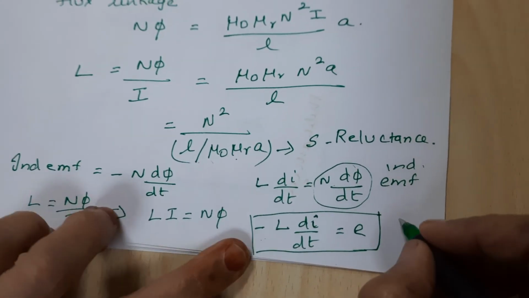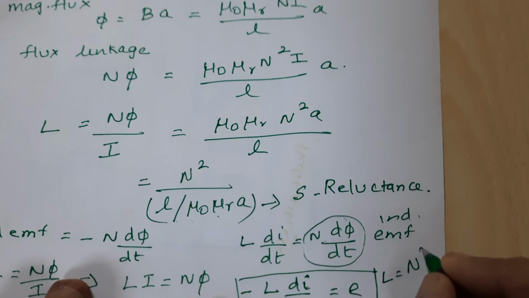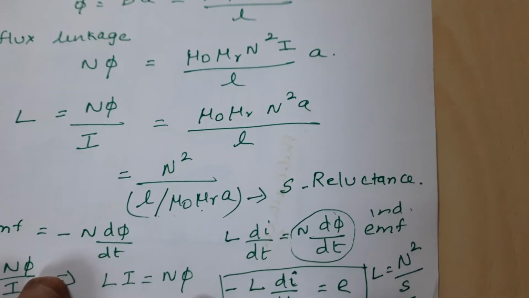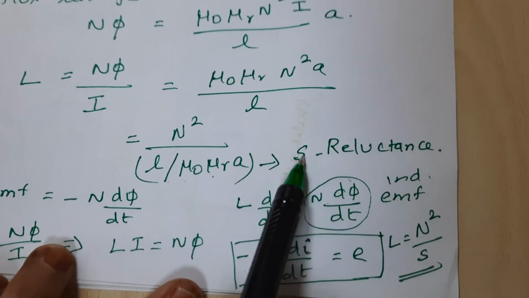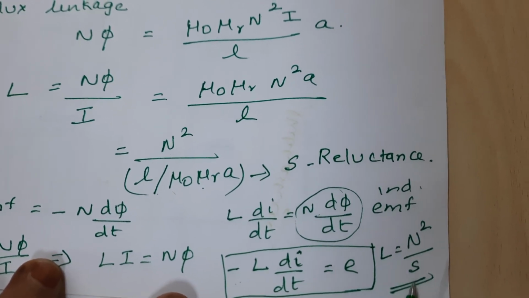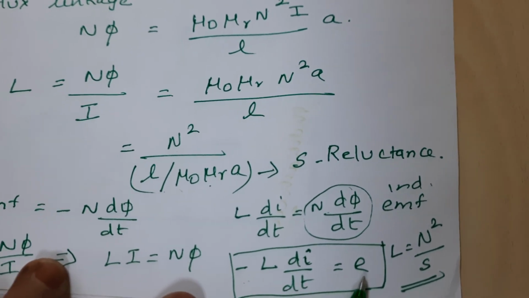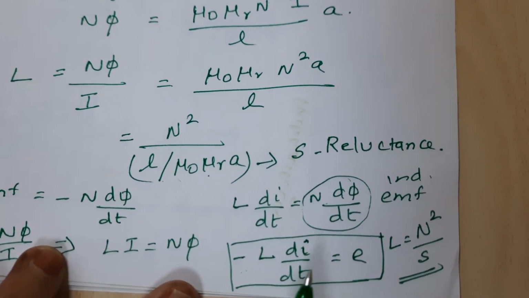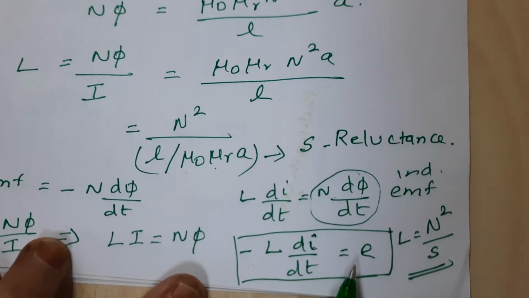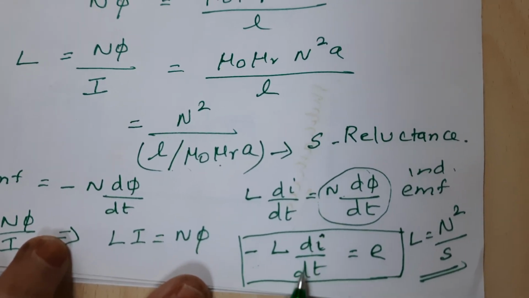I can write L is equal to N squared by S, because just now we derived that, where N is the number of turns and S is the reluctance. So the self-induced EMF in a single coil is nothing but minus L into di by dt.